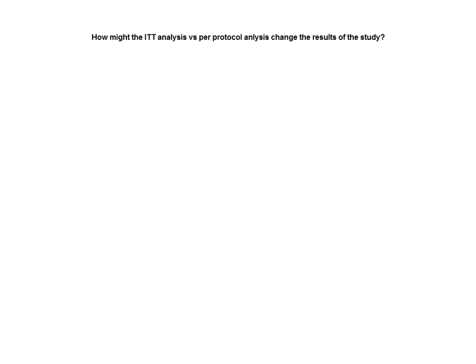Maybe your per protocol population includes people who took the drug, and they're supposed to take it twice a day, and you included everyone who took it twice a day, but you have a significant subset that kept forgetting, then maybe you would want to change your formulation so it could be a once daily drug or something like that. But ideally, you want the ITT analysis to match the per protocol analysis.